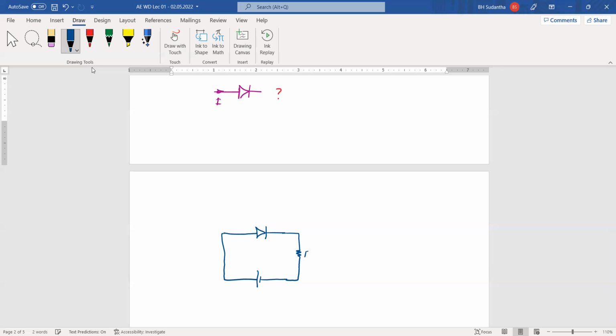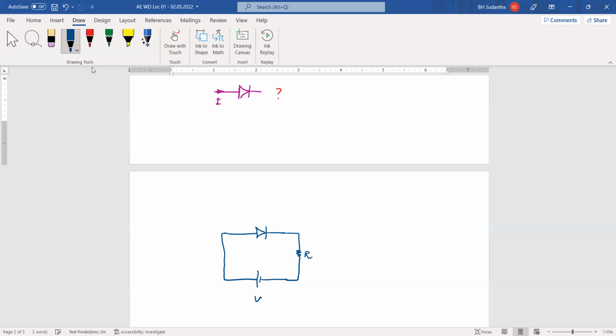For the moment, I'll put this resistor here, because I have seen in a lot of textbooks and other places that they draw this device with the diode and the battery directly connected like this. But in a practical situation, we can't do that. Because of that, I am putting this resistor to have a complete circuit. But don't worry about this resistor. Please pay attention to this diode and this voltage source.